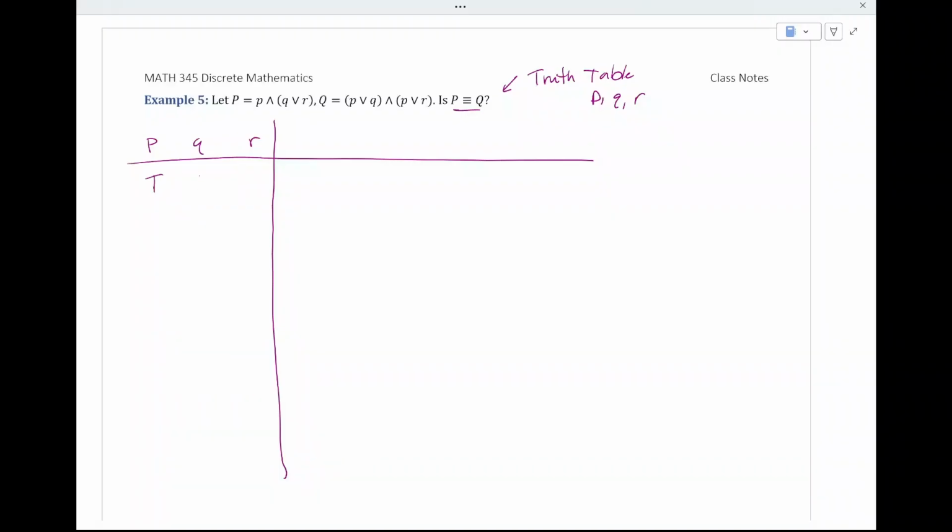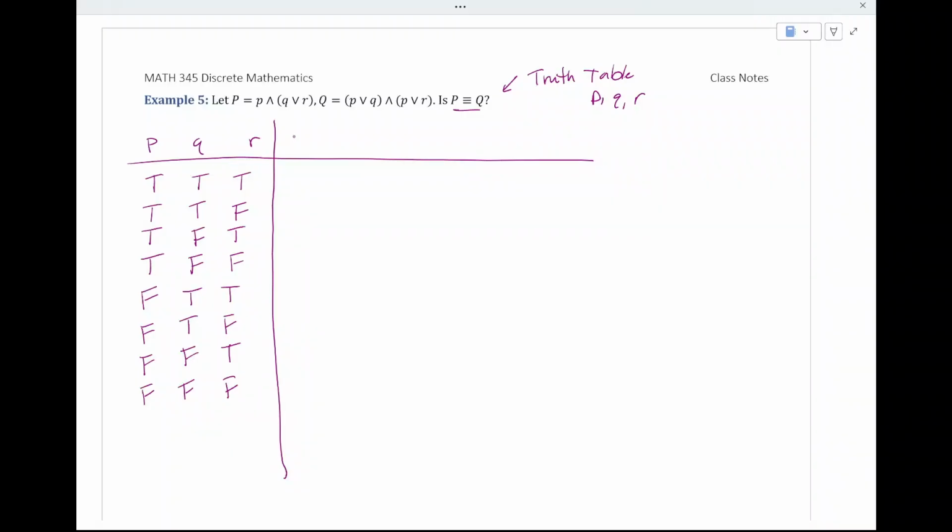So true, true, and true. There's actually going to be 4 trues and 4 falses. And then 2 trues, 2 falses, 2 trues, and 2 falses. There are multiple ways to set this up, but this is the way that I like to do to help me make sure I get every combination. It's 4 trues, and then 2 trues, and then 1 true.